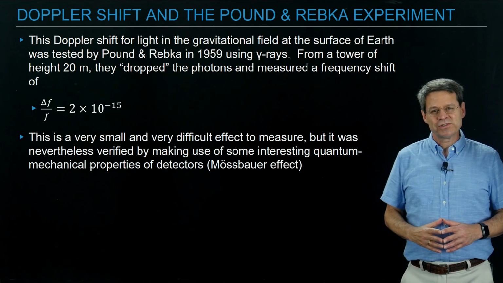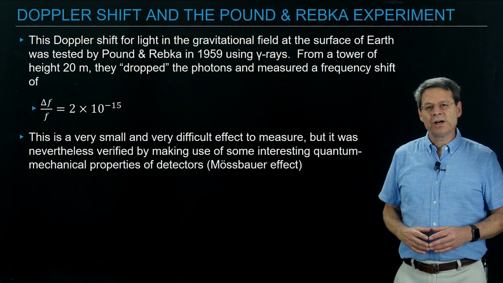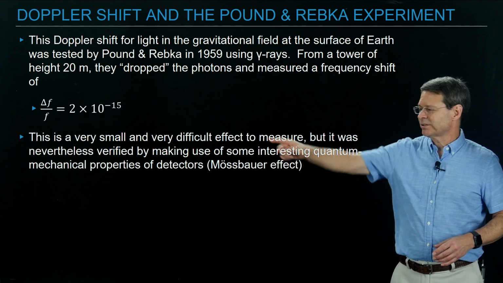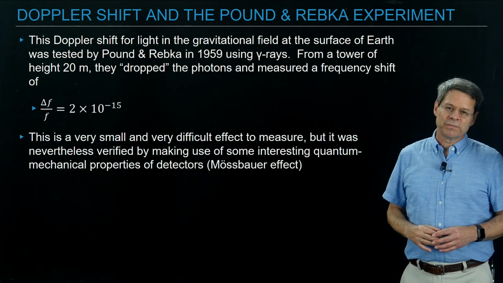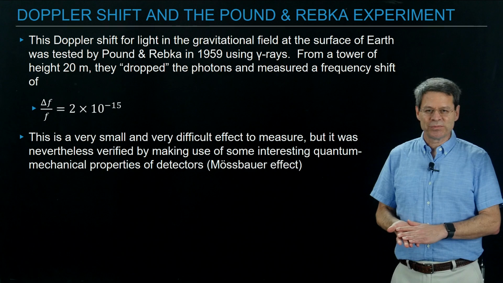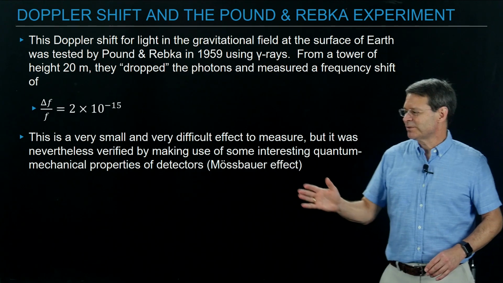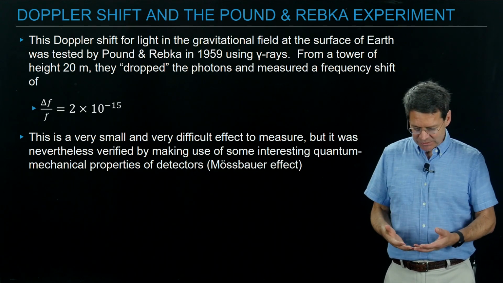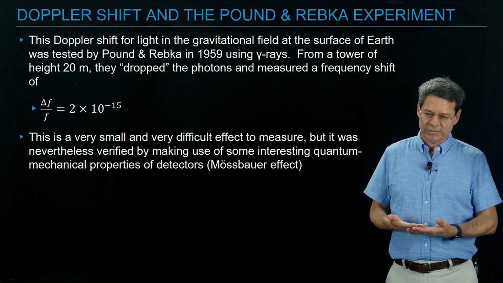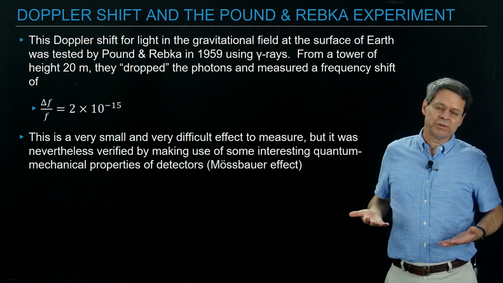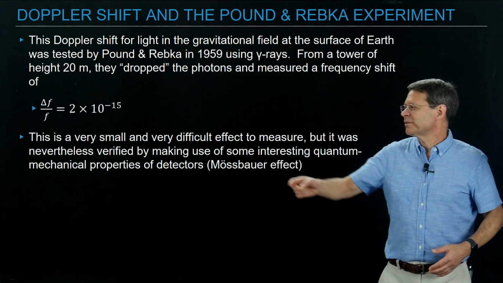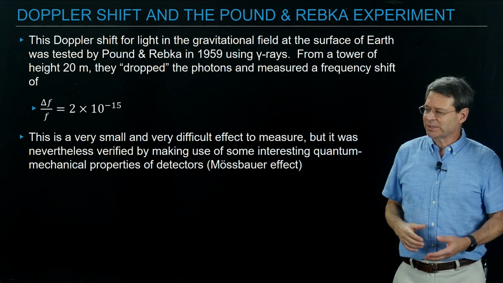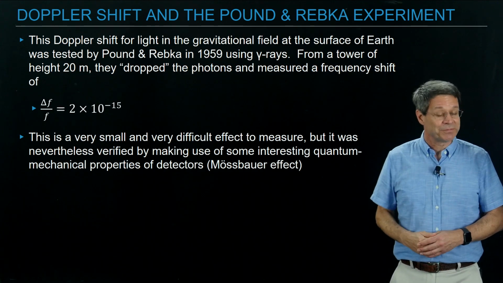It's very difficult to measure, but nevertheless it was verified, this calculation, by making use of some interesting quantum mechanical properties of detectors. There's an effect called the Mossbauer effect, where when the photon of that light, that gamma ray, is absorbed by an atom, well, the atom obviously has to recoil to conserve momentum. But that would give you a big uncertainty because of, if you like, the uncertainty principle.